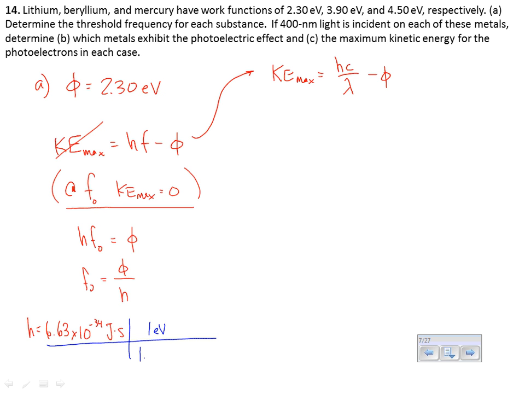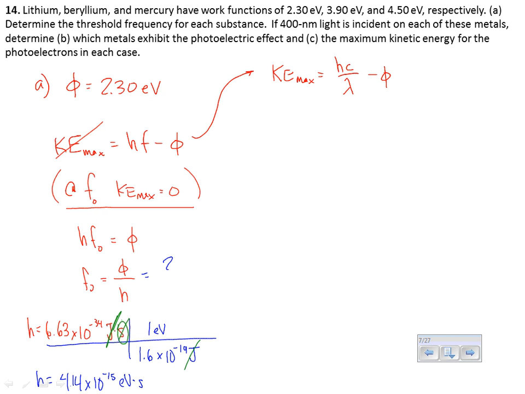Dividing by 1.6 times 10 to the negative 19th joules, it's more convenient here to use 4.14 times 10 to the negative 15th eV seconds, since our phi is in eV.